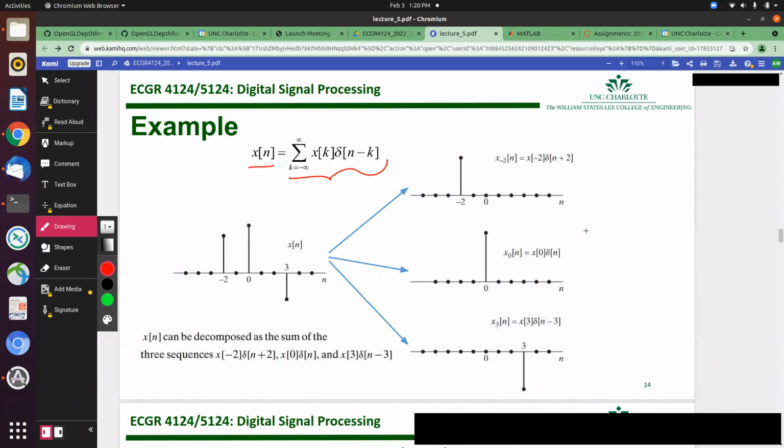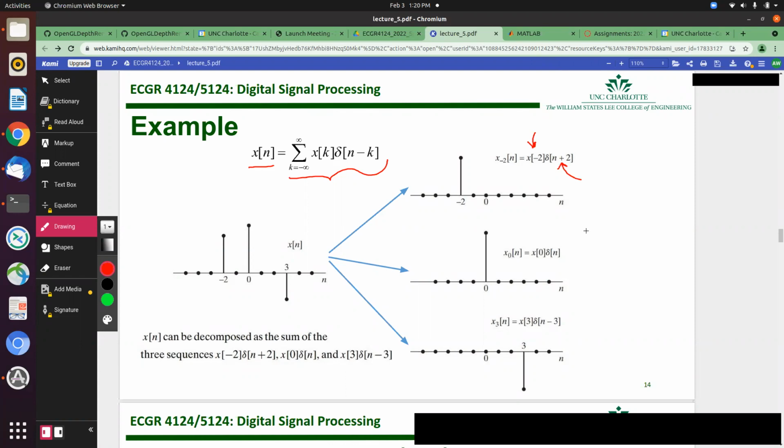We'll write the non-zero value at -2 as x of -2 times delta of n plus 2, which is the delta function that occurs at that location. So times 1, but that 1 only occurs at the index n equal to -2.